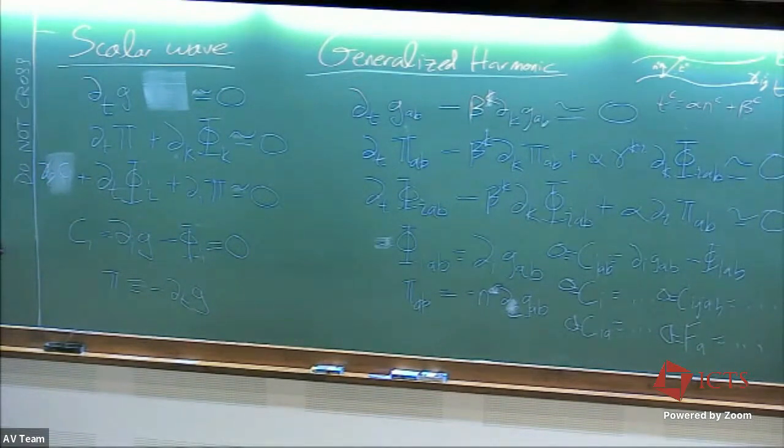So the idea is these are evolution equations for the variables we want to solve for, g, pi, and phi. We can manipulate them to come up with an evolution equation for the constraints. So we could find out if this is non-zero, how does it evolve in time? I'm going to come over here and do that.